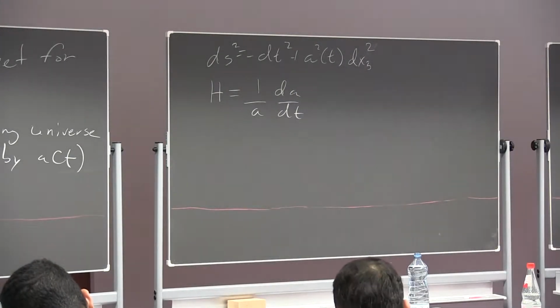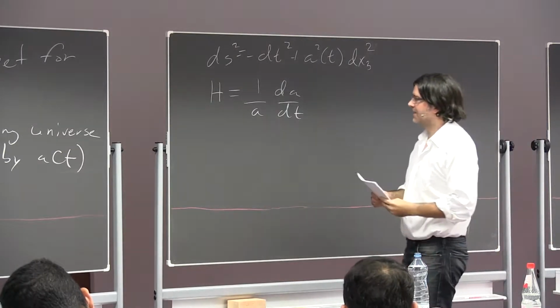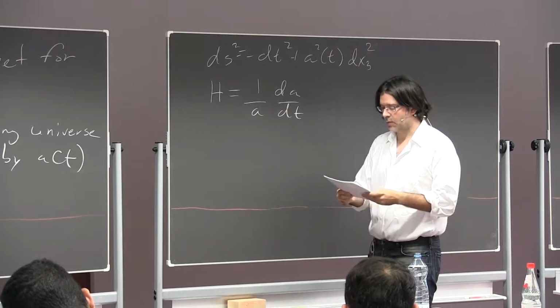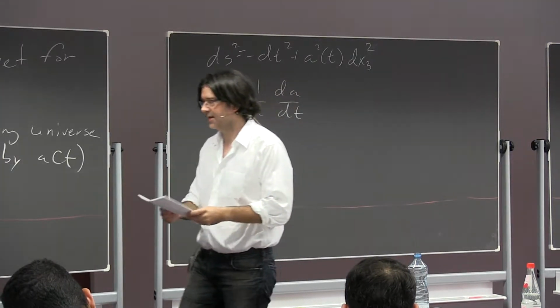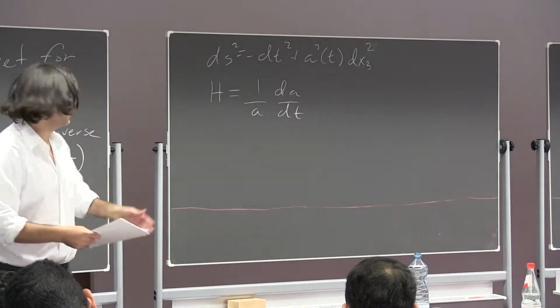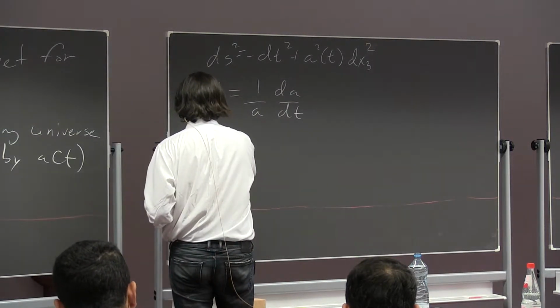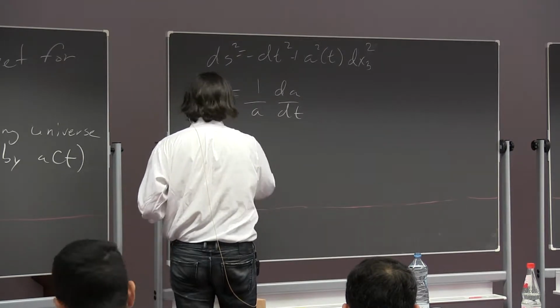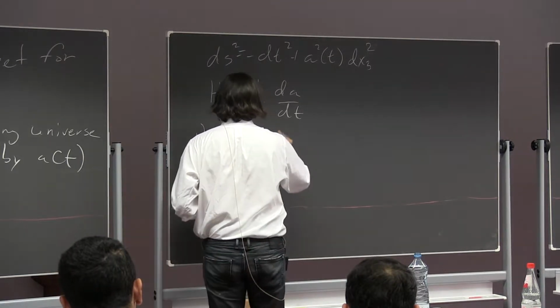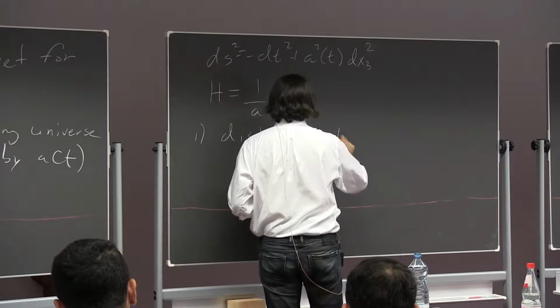And already here, I just want to take a moment because, yes, you all know the Hubble parameter, but there are already differences between how cosmologists think and how particle physicists think because there are different ways that you can think about this Hubble parameter. First, you can think of this, of course, as a distance velocity relationship.